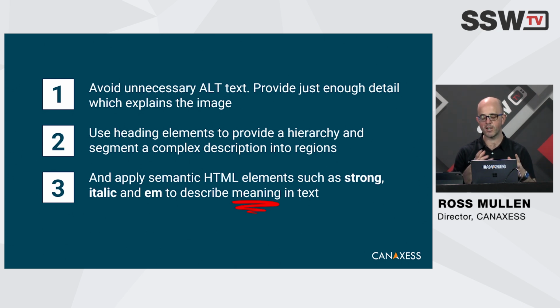For grouping of items, use list elements which provide extra detail such as the number of items. And apply semantic HTML elements such as strong, italic and EM emphasis to describe the changes in text.